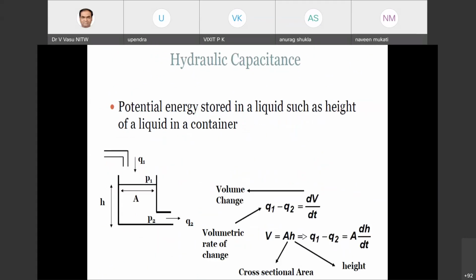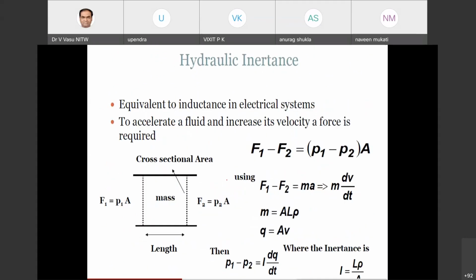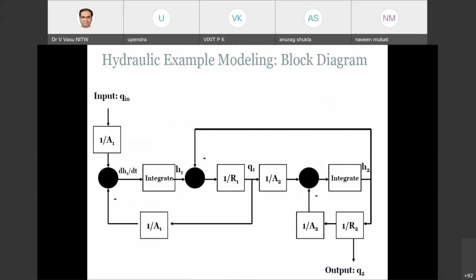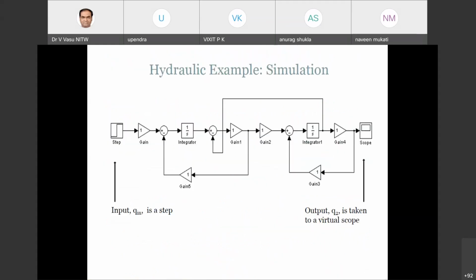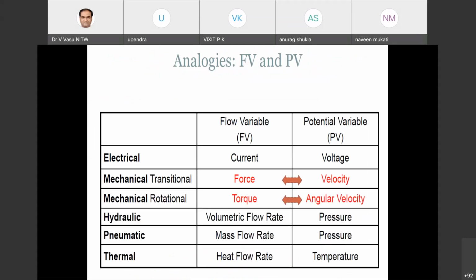Similarly, you can have fluid systems also. I will skip these, so we can model these cases also. One important thing to remember is that we have analogies. We use these analogies to represent across domains: a mechanical system can be represented in electrical form, and a hydraulic system also in electrical form.